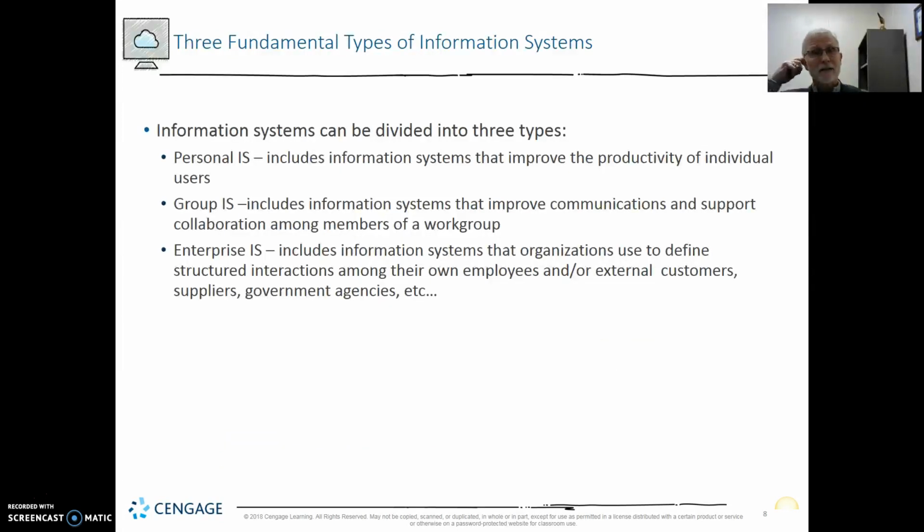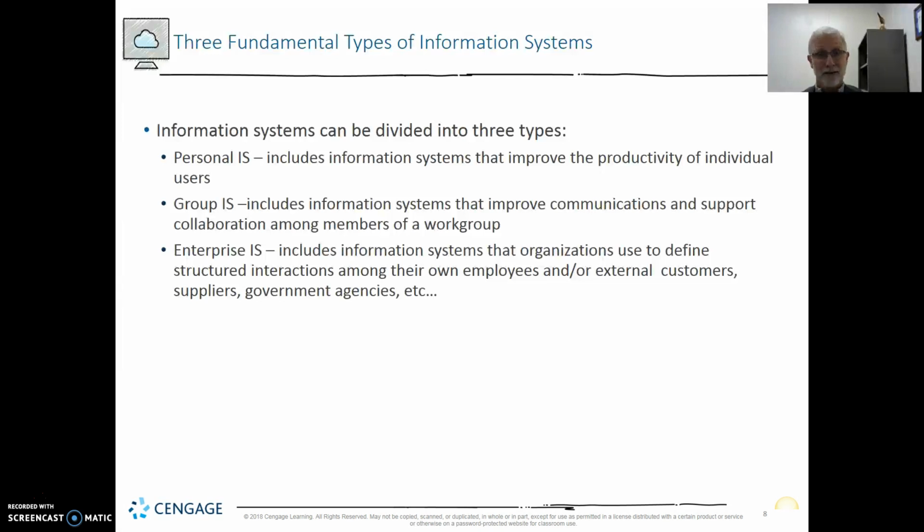Now, you definitely have information systems based on size. You can have a personal information system. What makes things productive for you? As a group, maybe it'd be a team, maybe a small work group, it could be a class, or it could be an enterprise, like AT&T, or the school.